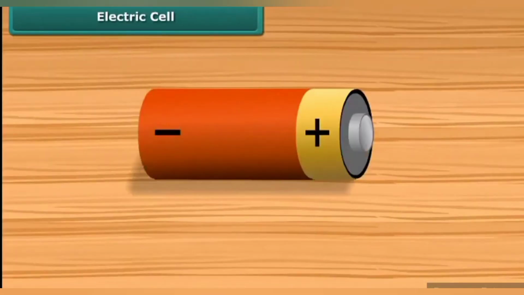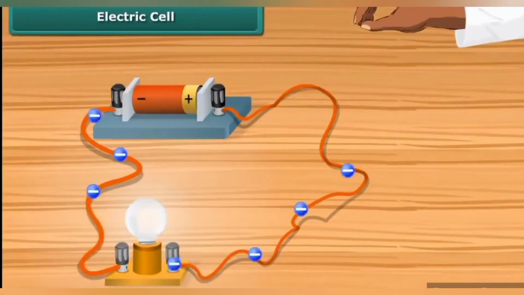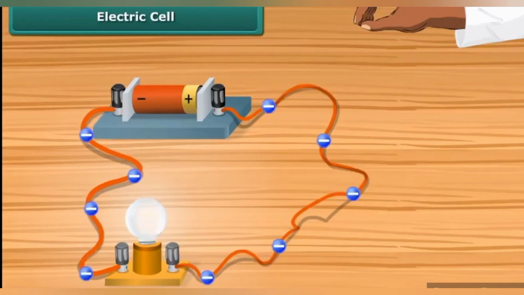Current electricity is further divided into two types. Although you already know that positive and negative attract, and negative and negative repel.